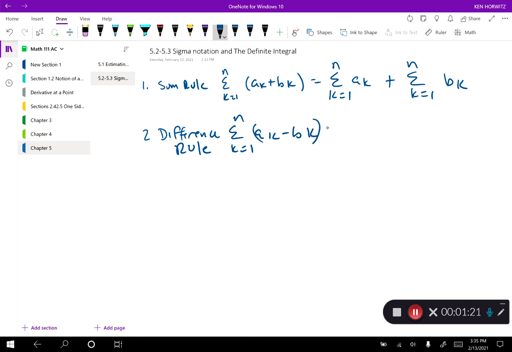The sum of a k minus b k equals the sum k equaling 1 to n of a k minus the sum k equaling 1 to n of b k. And again, breaking this up can make things easier. The third rule is called the constant multiple rule.